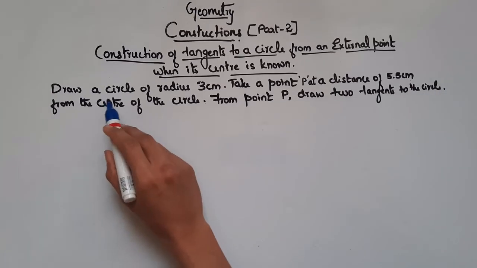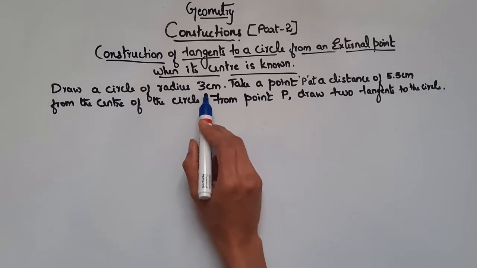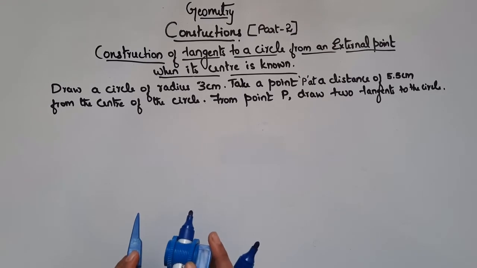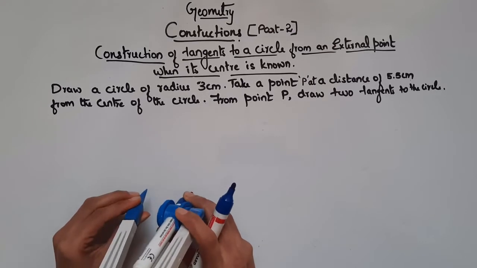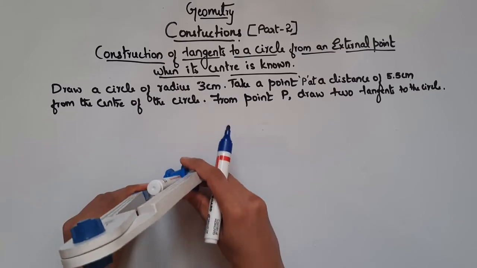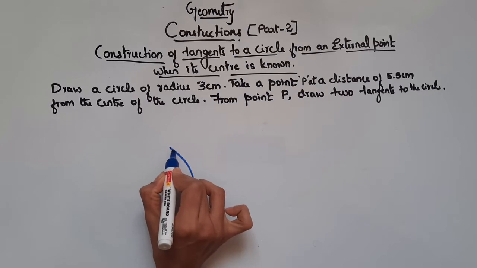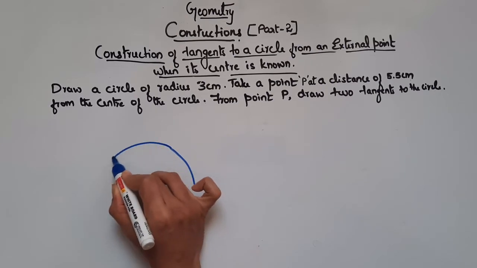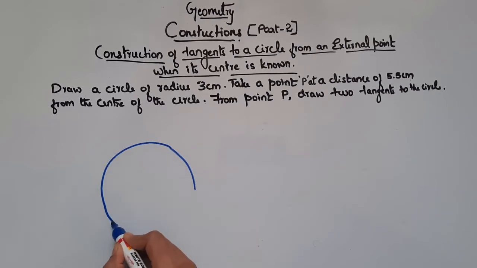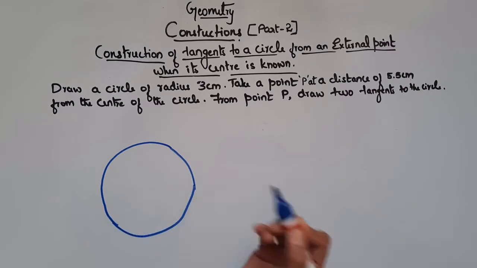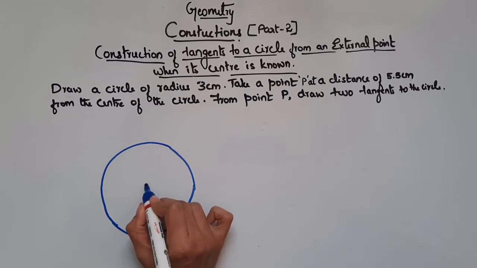So here we have to draw a circle of radius 3 cm. So you will take 3 cm in your compass by measuring it with scale and draw a circle of radius 3 cm. So here my board is slippery, so let me draw freehand. So let's draw a circle of radius 3 cm. Alright, this is the center of the circle.